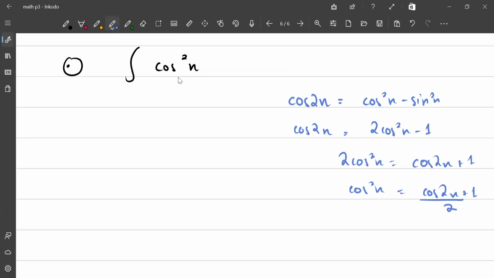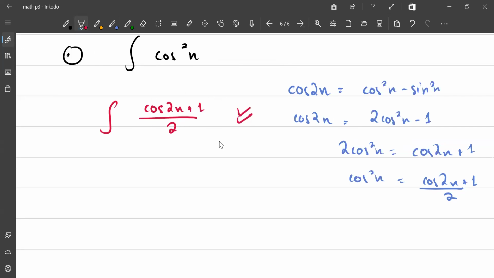Whenever you see cos square x solely and want to integrate it, this is what we are going to do. Now replace it with cos 2x plus 1 over 2.